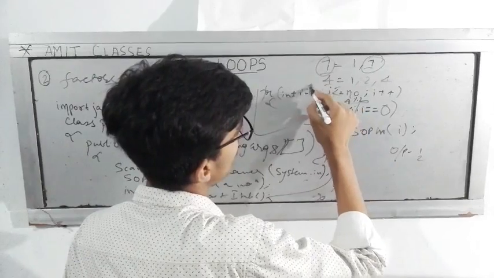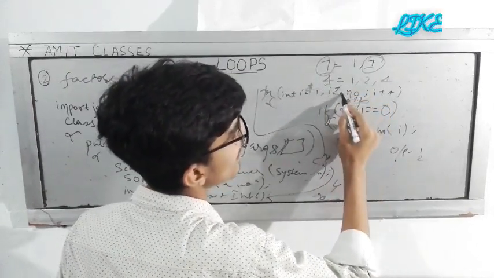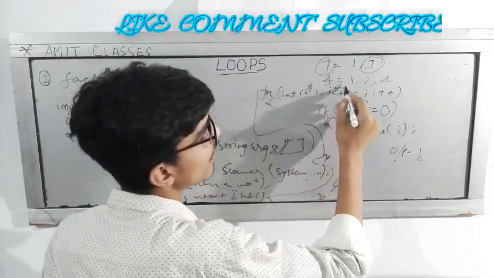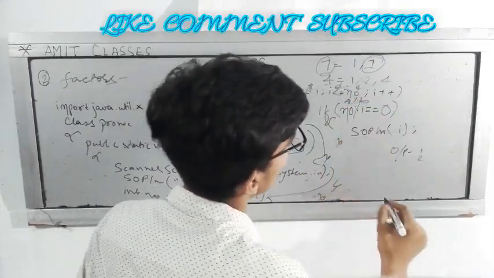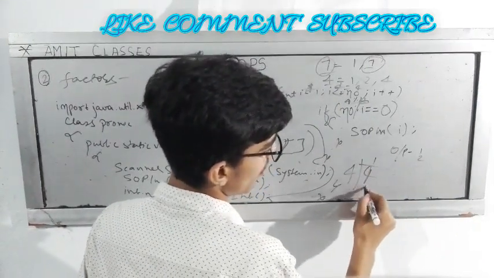So i will become 4, and 4 is less than or equal to, that's why I have written less than or equal to, 4 is equal to 4, yes. Now it will check 4 mod 4. If we divide 4 by 4, what will be the output?